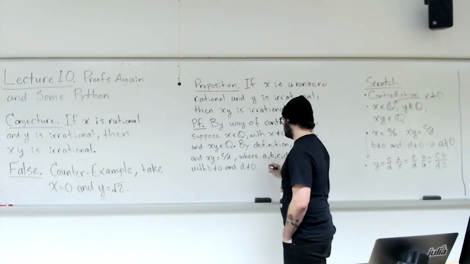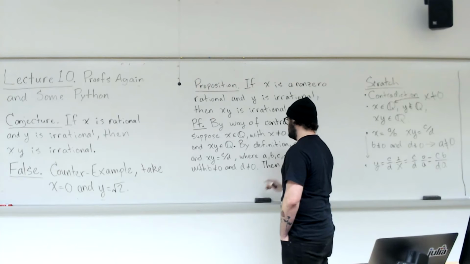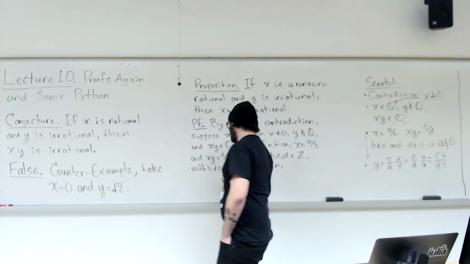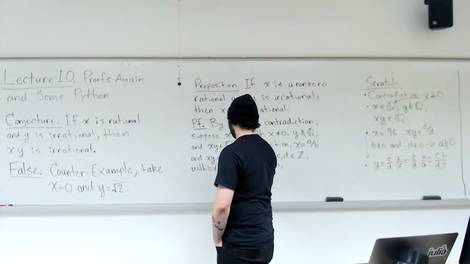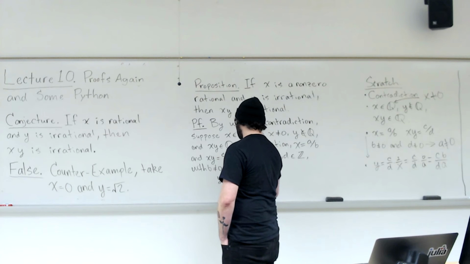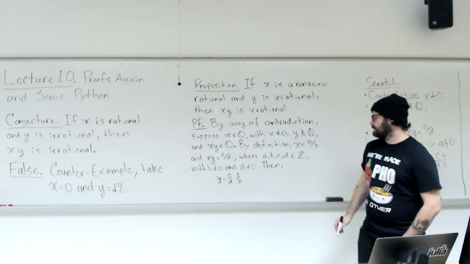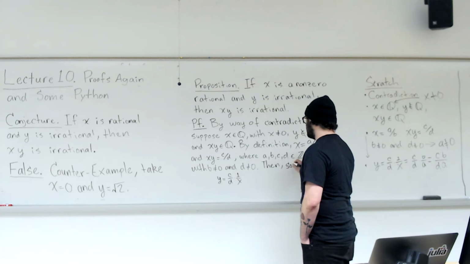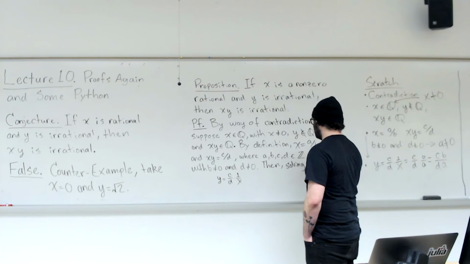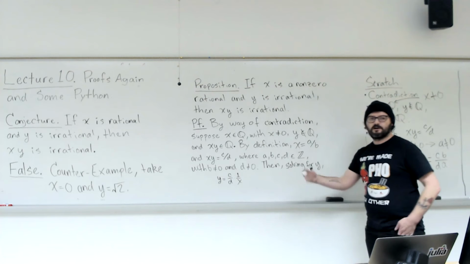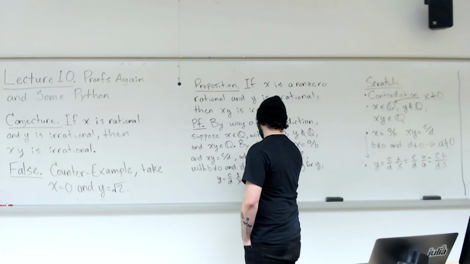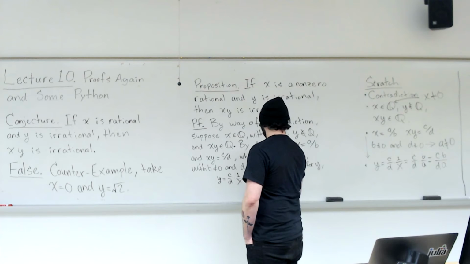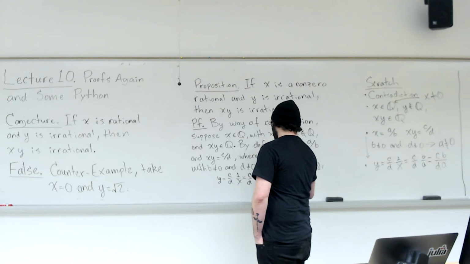So then we can say that Y is equal to C over D times 1 over X. So then solving for Y, I'll say, so the reader knows, Y is equal to C over D times 1 over X. And that's equal to C over D times B over A, which is just CB over DA.